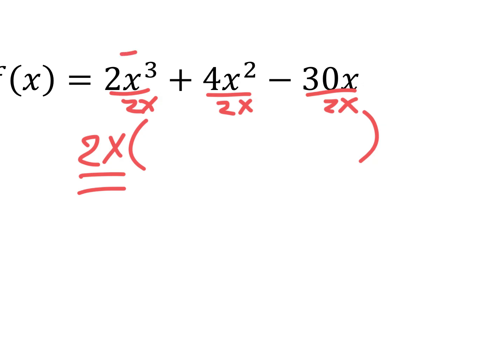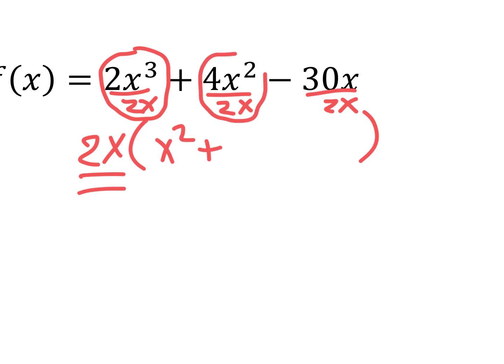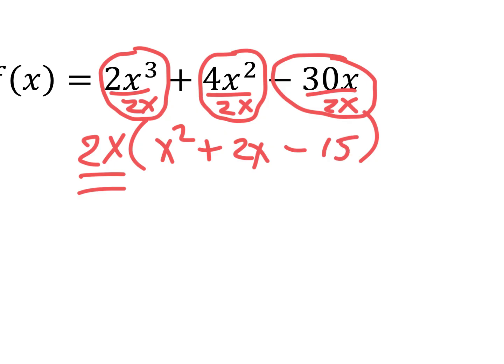And then you go, that gives me x squared, plus that gives me 2x, minus that gives me 15. And I hope you can finish factoring it. And then I hope you know that there's 3 answers because the problem was degree 3. Of course there's 3 answers.